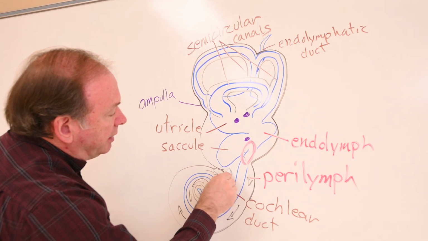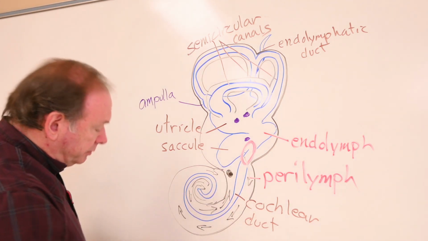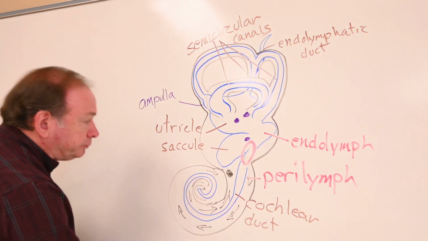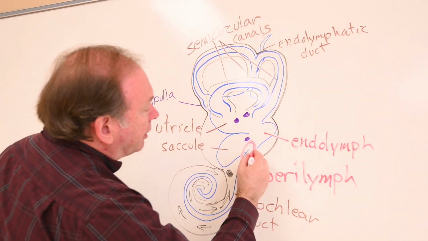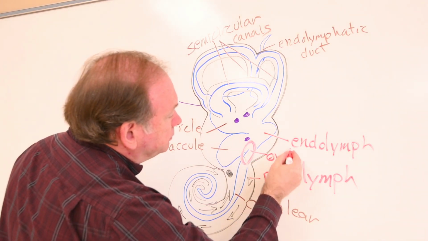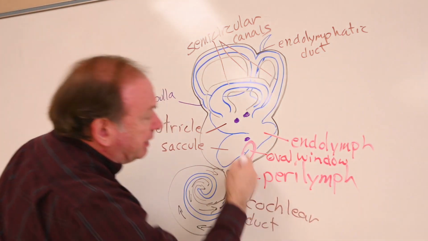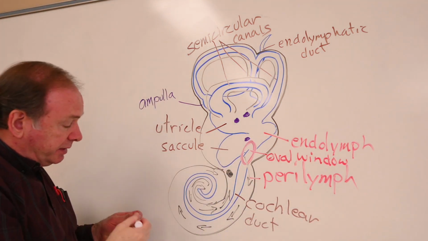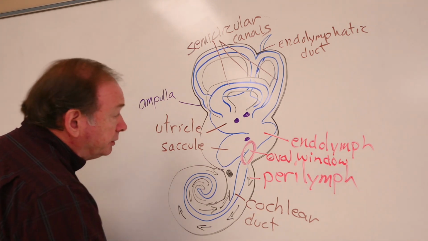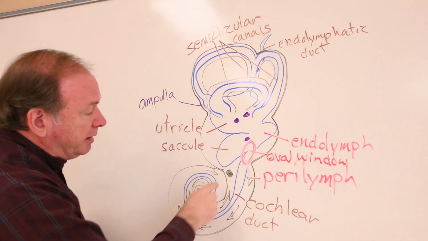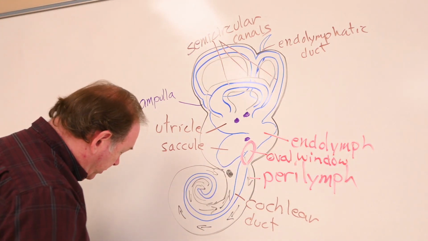And somewhere over here there's what's called a round window. So there's our oval window. It receives vibrations from the stapes, the middle ear bones, which transmit the signal there, and then down here there's a round window.